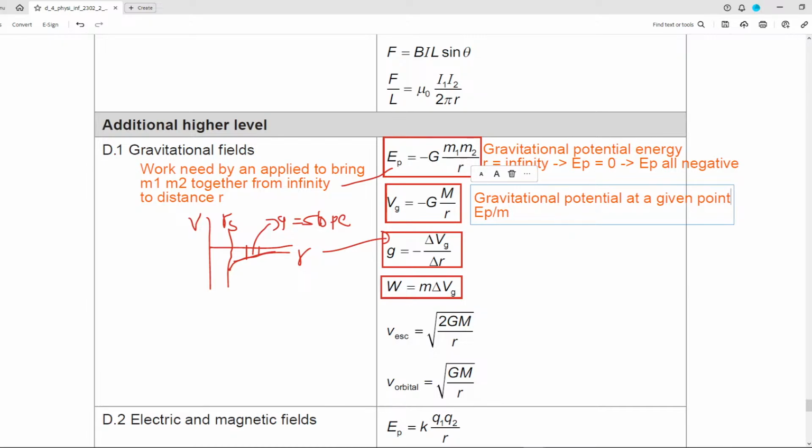For the bottom two over here, here's the change in potential. Both work and field deal with change. Delta Vg is called the change in potential, or potential difference.